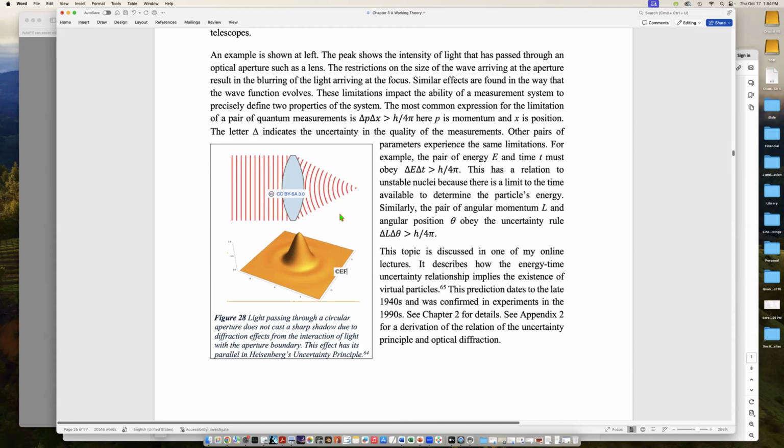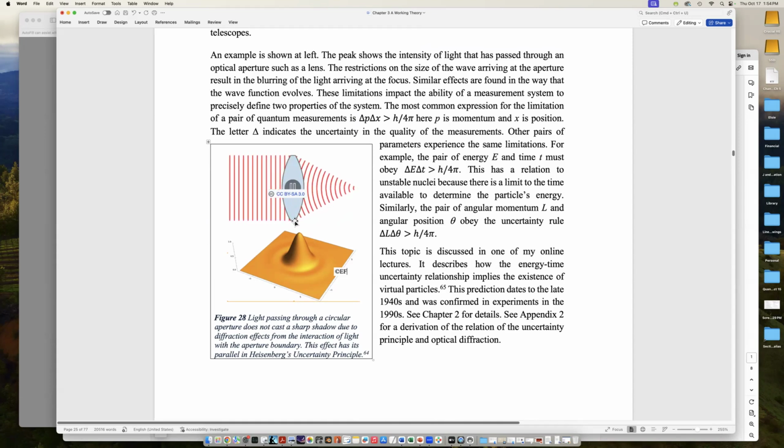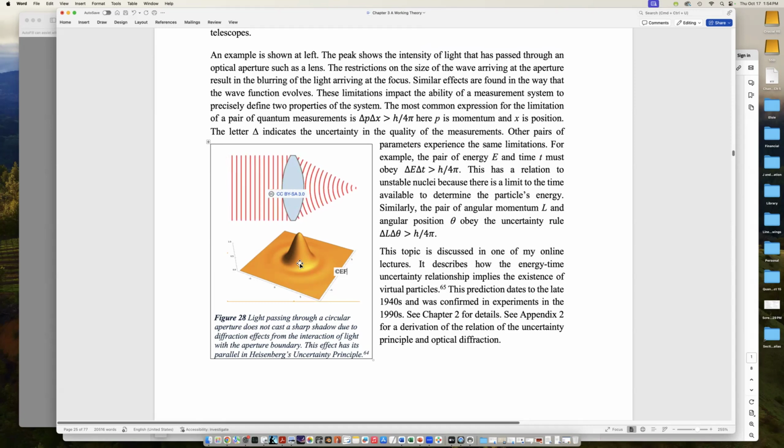And indeed, I have this cartoon here of light coming to a lens, and what the scientists of that era discovered was that mathematics says that no matter how perfect you make this lens, it will not focus to an infinitesimally small point. In fact, if you shine light on a lens and focus it as well as you can and treat the lens as if it's perfect, you don't get a little spot where all the energy is located.